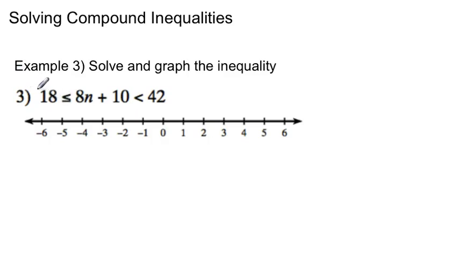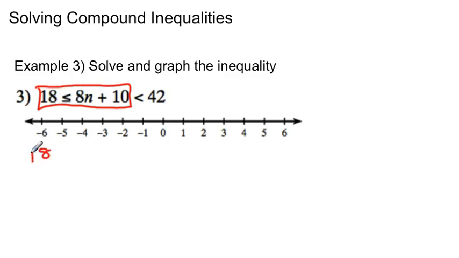So always start on the left, go until you see your first inequality symbol, take what's on the other side of that, and then stop when you get to the other inequality symbol. And everything that I've put in that box now is one of our two inequalities.